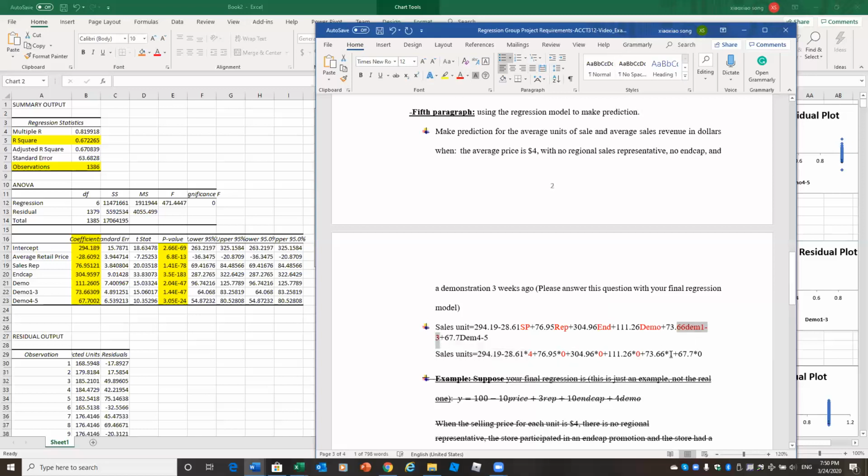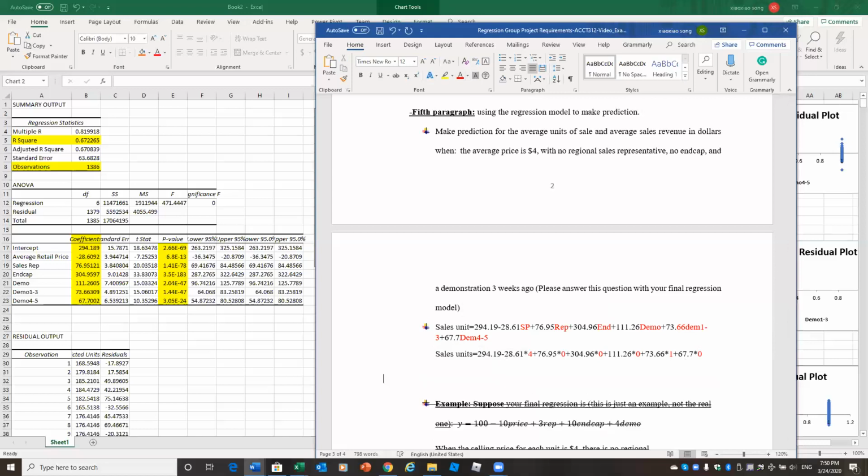If there is, for the dummy variable, that means it's 1. If there is no demo 4 to 5 weeks ago, then this variable will become 0. Okay, so this is the keyword. Does this make sense? You do all the numbers and make sure this only gives you the units. I don't really know how many, I just know this is just the units.